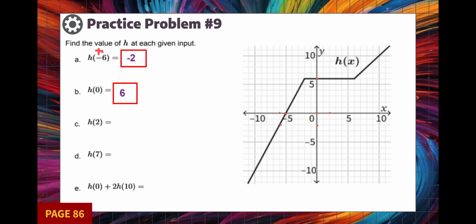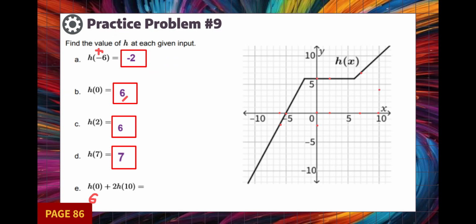Next, h of 2. Where's 2? 1, 2. Here's 2. And then the y will be 6. Next, 7. Where is 7? 6, 7 here. So what is the y value of that? You're going to put it here. If this is 6, that is 7. So I say 7. Next, h of 0 is 6, right? So that is 6. And then 10, if I'm going to look at 10, 5, 6, 7, 8, 9, 10 here.